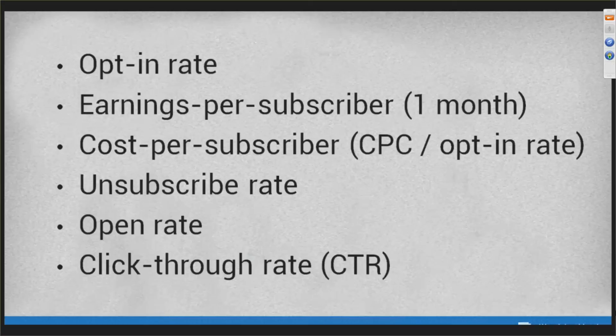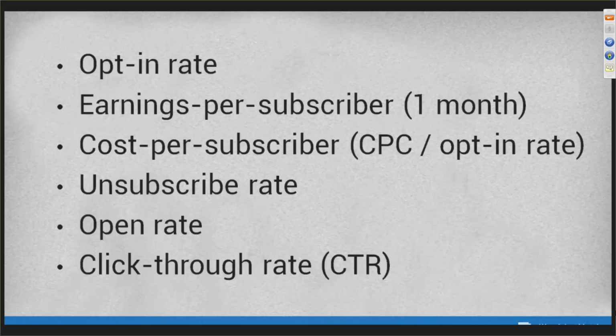Then one thing that you have to find out, and this one, you're not going to be able to have this metric right out of the gate. You're going to have to wait like 1-2 months until you can collect enough information to understand this metric, is your earnings per subscriber, but it's very, very important. Basically, you have to see how many emails you can capture in 1 month, and then how much money you can make with those emails also in 1 month.